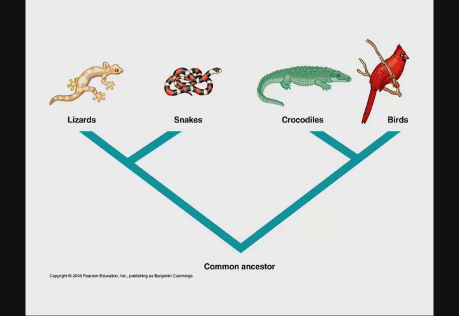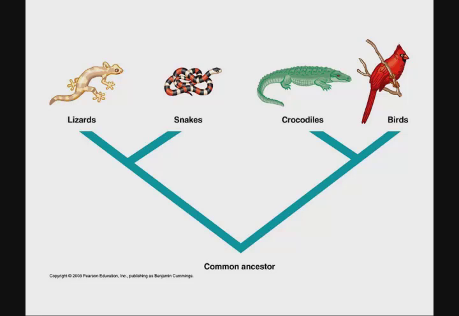Because we're selecting for genes that provide them with a reproductive advantage in the environment. And if the environments are different, those genes that are going to be selected for are different. If they keep selecting for different genes, ultimately they become so genetically different that they won't be able to interbreed. Right? So if enough change occurs, eventually genotypes between these populations are so different they can't produce viable offspring.